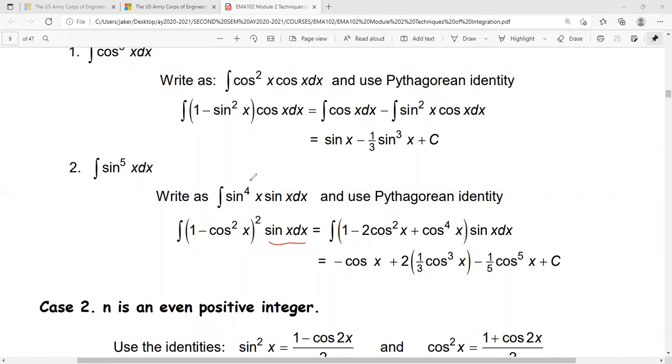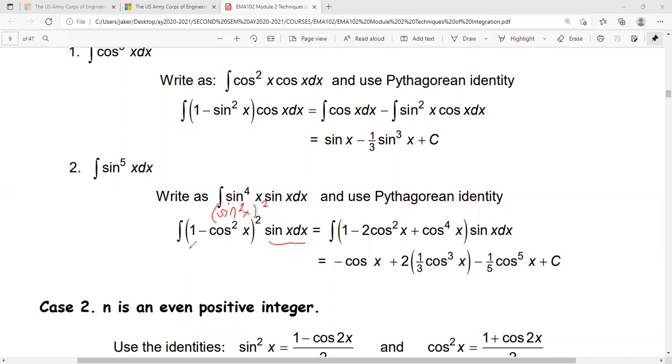Your sine to the 4th x is actually equivalent to the sine squared of x, squared. What is sine squared x? That's 1 minus cosine squared x.